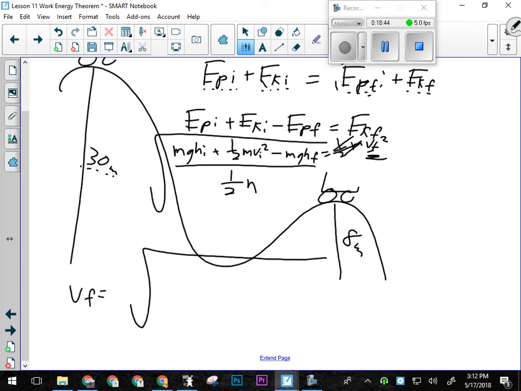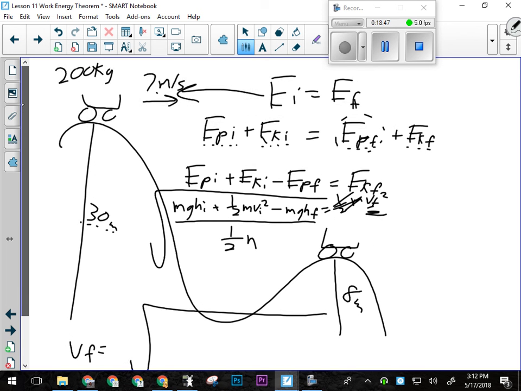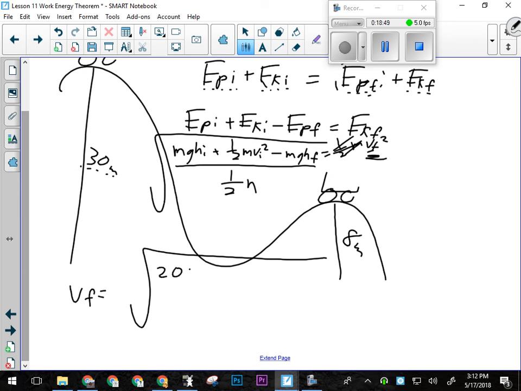All right, so VF is going to be, what did we say the mass of this thing was? 200? Okay, so 200 times 9.81 times the height, which was 30, plus 1/2 times 200, the mass, times the initial speed, 7 squared, minus my final potential. So 200 kilograms times 9.81 times the final height, which was 8.